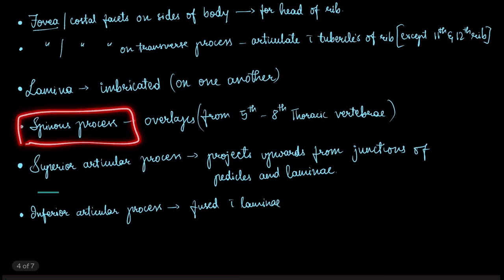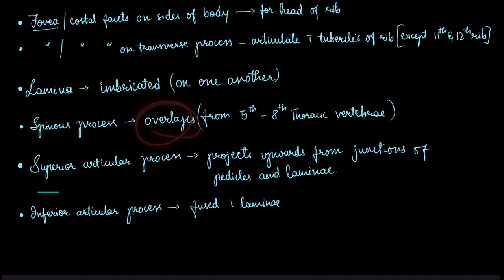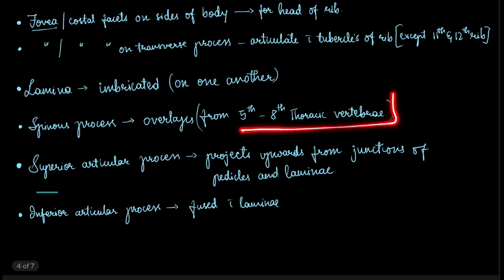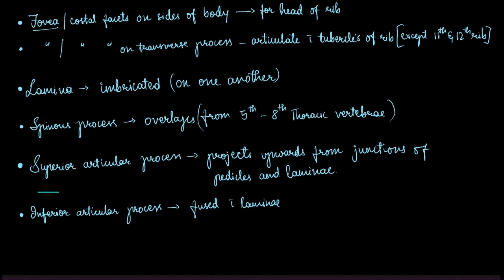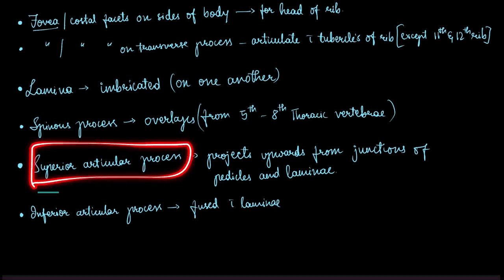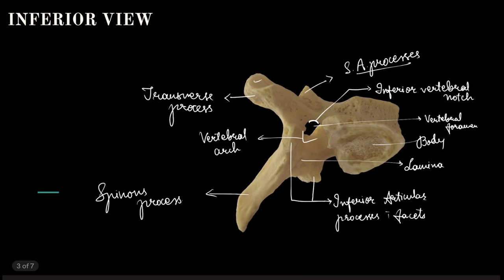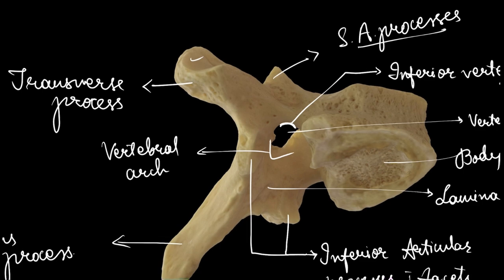Then, how is the spinous process? It overlaps. Where to where? Fifth thoracic vertebra to eighth thoracic vertebra. The overlapping of the spinous process can be seen more prominently. Then, superior articular processes. These project out.